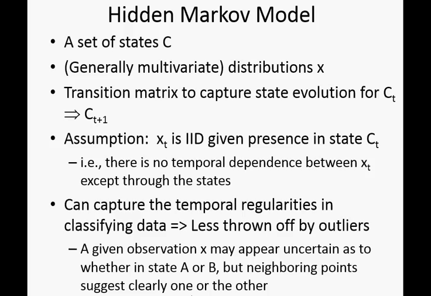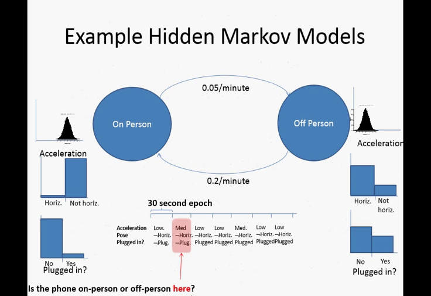So if we are sitting, the idea is, assuming we're still sitting, my measurements for the next time point, the next time point, the next time point will just be draws from some distribution that they don't depend on each other temporally. So the thing that matters temporally is what state I'm in, not each particular measurement. So the idea is if I'm in a certain state, the acceleration may vary a little bit, but we treat it as independent. Okay.